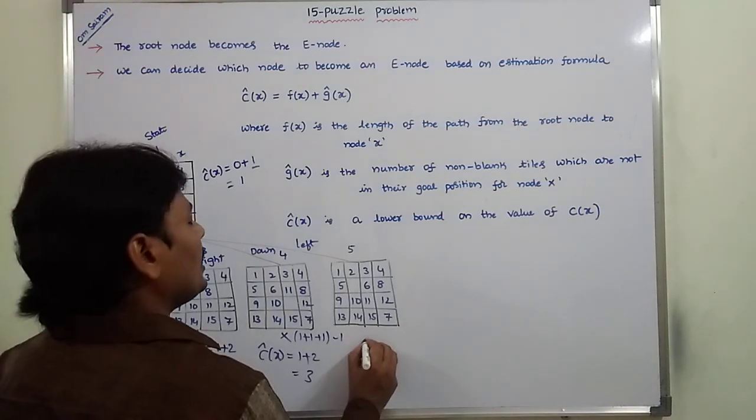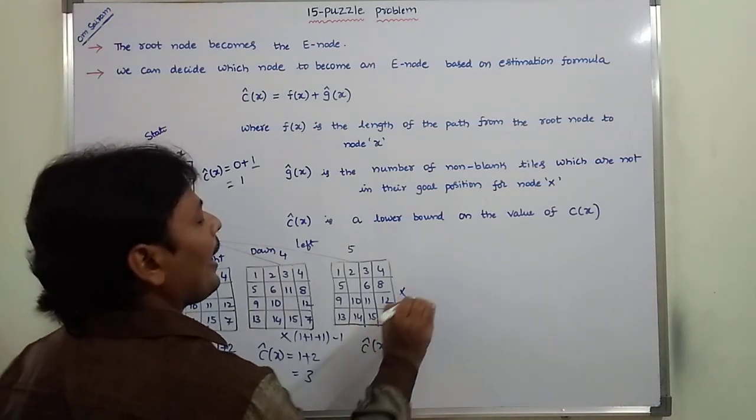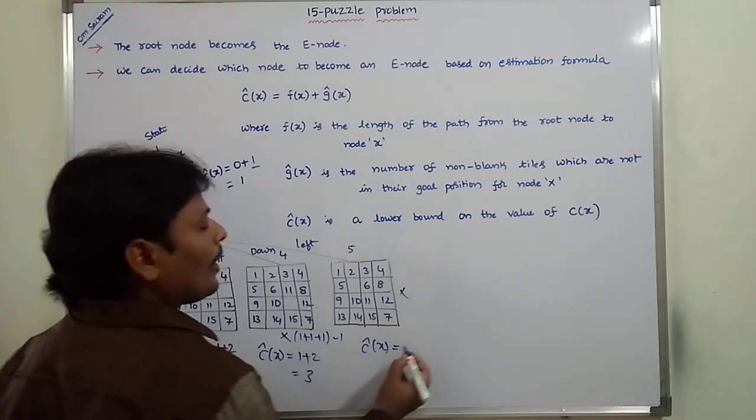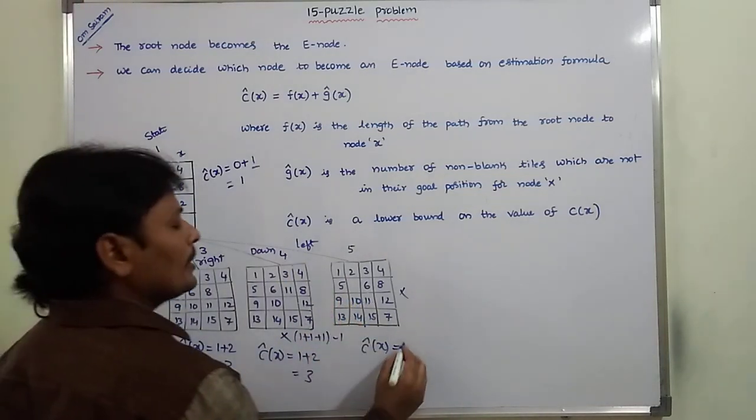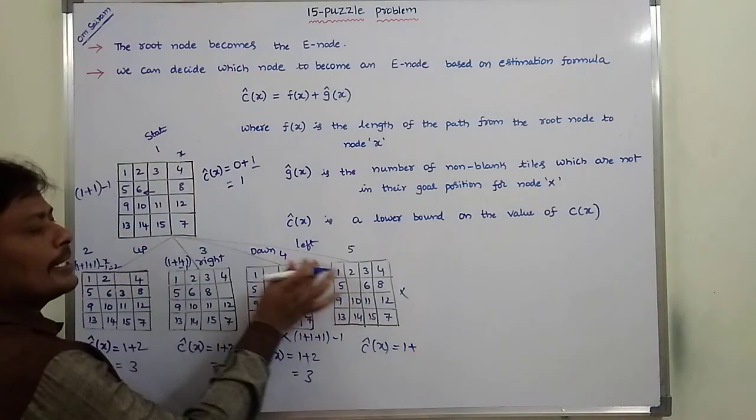Next one, now suppose this can be called node x, f of x. f of x means the length from the root node to this node is 1. How many edges are there?